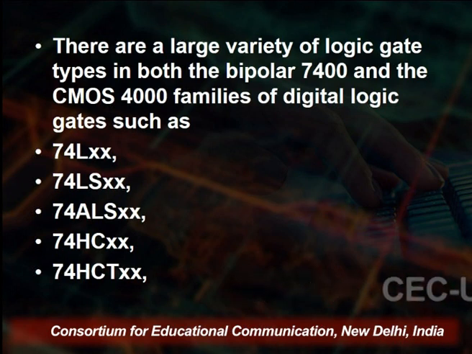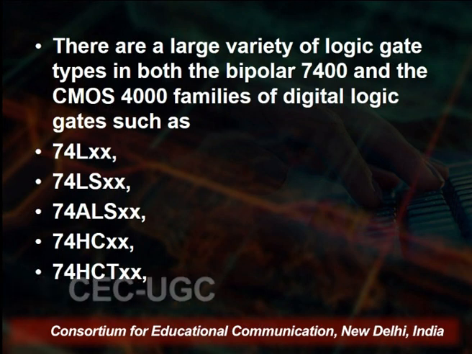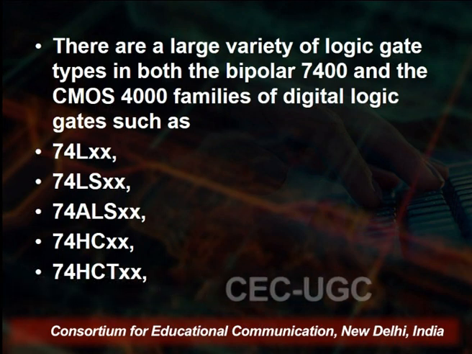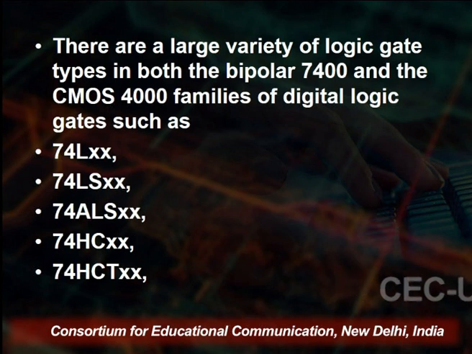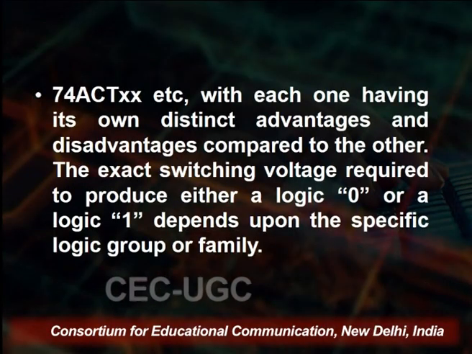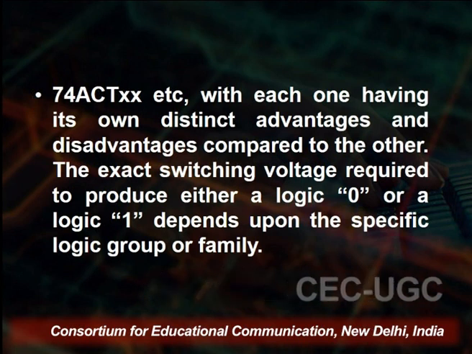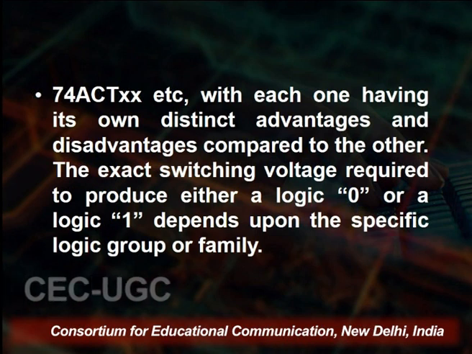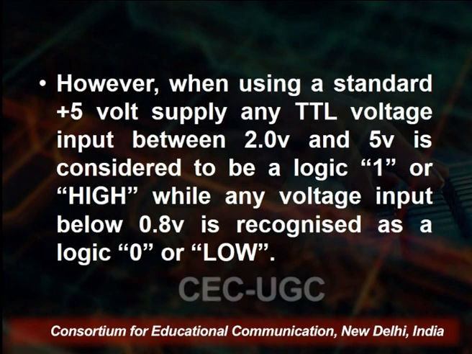You see here 74LXX, 74LSXX, 74ALSXX, 74HCXX, and next is 74HCTXX, and so on, each one having its own distinct advantages and disadvantages compared to the others. The exact switching voltage required to produce either the 0 or the 1 depends upon the specific logic group or family.